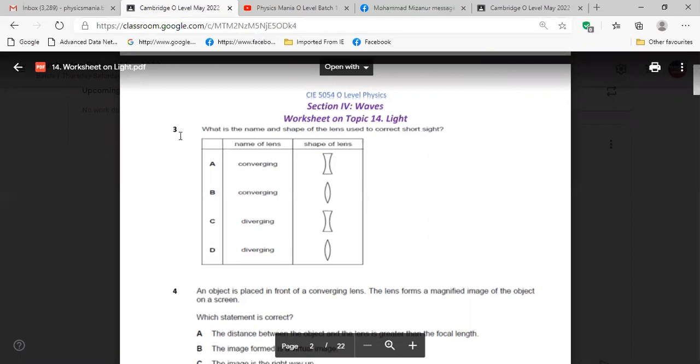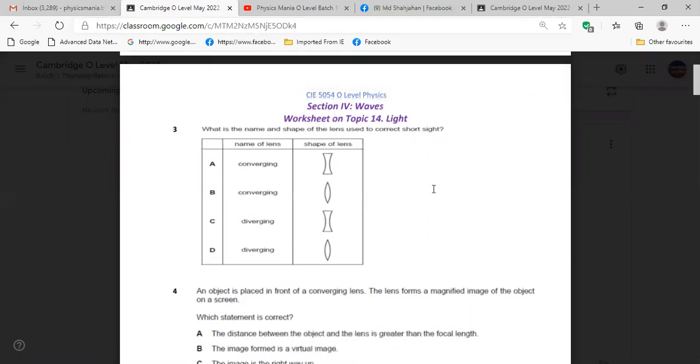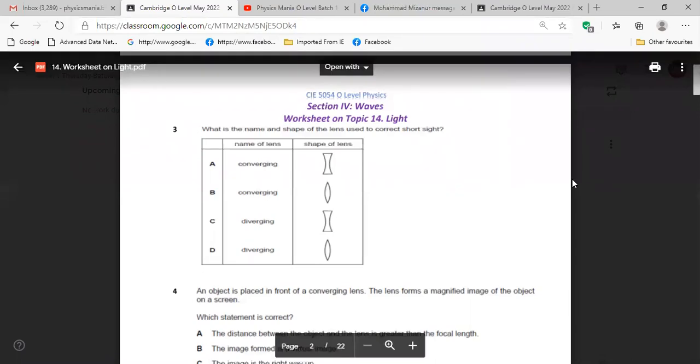Question number 3. Can you read it, Farabi? What is the name and shape of lens used to correct short sight? Just before starting the worksheet, we did this. Short sight means short-sighted eye, isn't it?